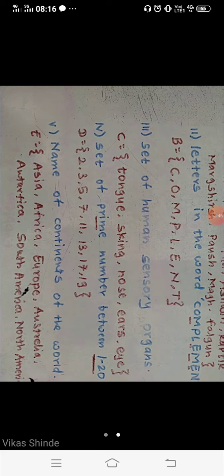Name of continents of the world: Asia, Africa, Europe, Australia, Antarctica, South America, and North America. Okay student, this is from exercise 1.1 here.